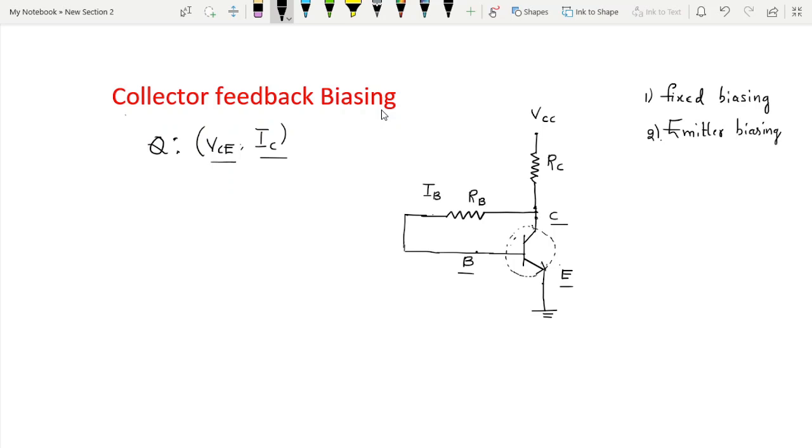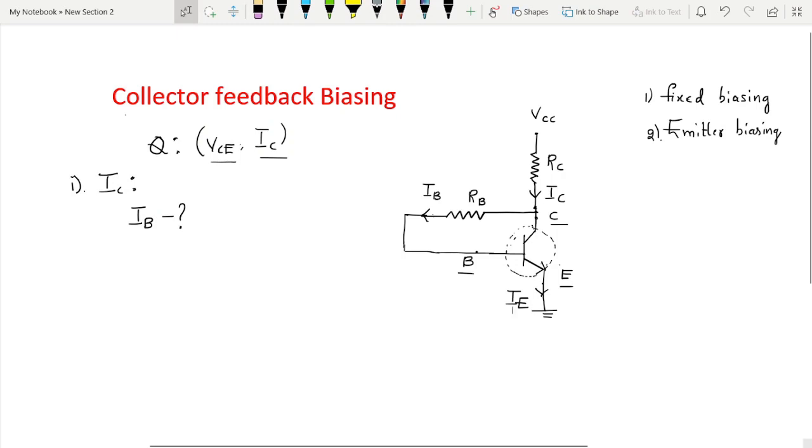In order to get this, first we need to find the collector current IC, and for that we need to find the base current. This is the procedure. Here, this is the collector current flowing from this point, and this is the base current. These will reach the emitter current.